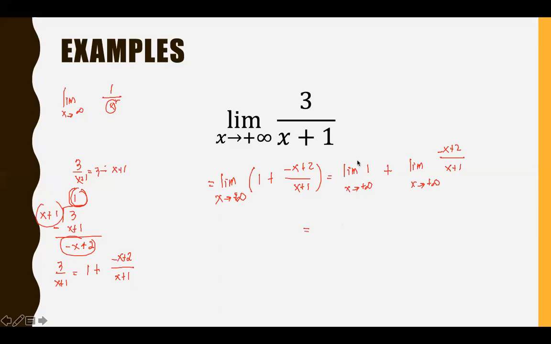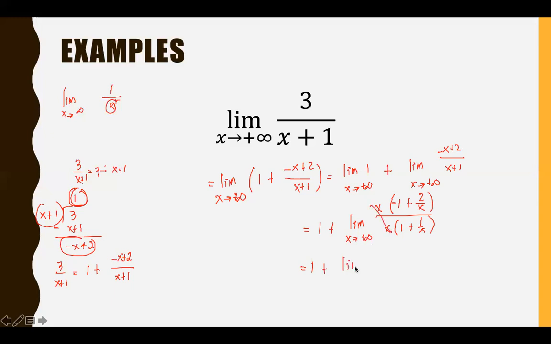I believe you know that the answer for the first is 1. And what we will be doing here is, the degree for both is 1, right? So x to the power of 1. We can just simplify them. So that will be x times negative 1 plus 2 over x, over x times 1 plus 1 over x. Okay, so we simplify that. So it's 1 plus, we cancel x.